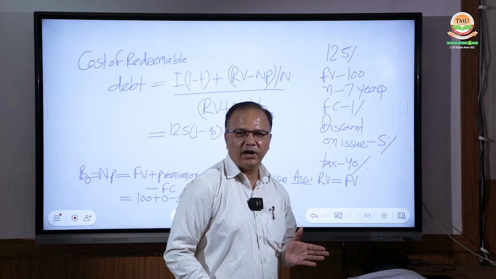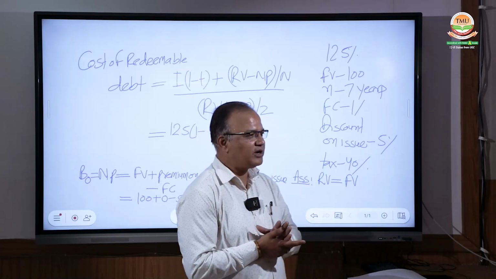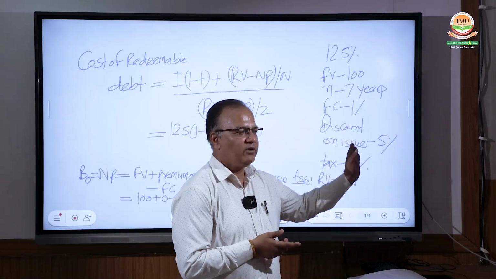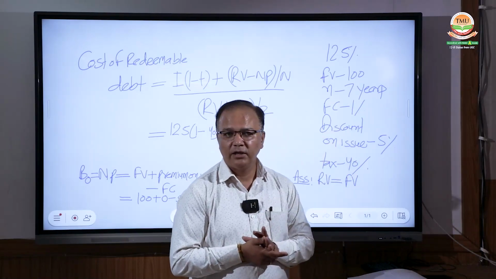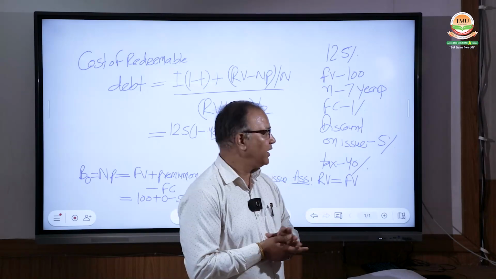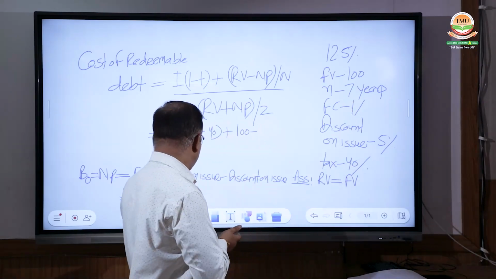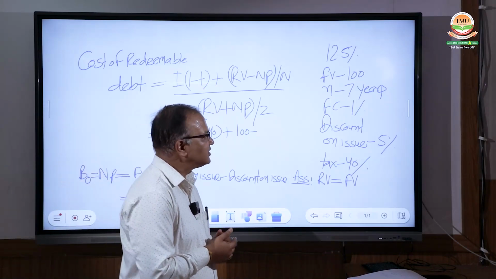5% of rupees 100. Why of rupees 100? Because whenever we have to charge discount, it will be charged on the face value, and face value given in the question is rupees 100. So 5% of 100 will be 5. So I am writing here 5. Last, flotation cost.